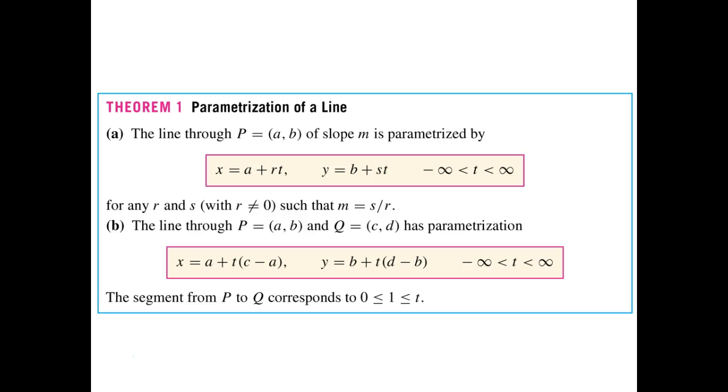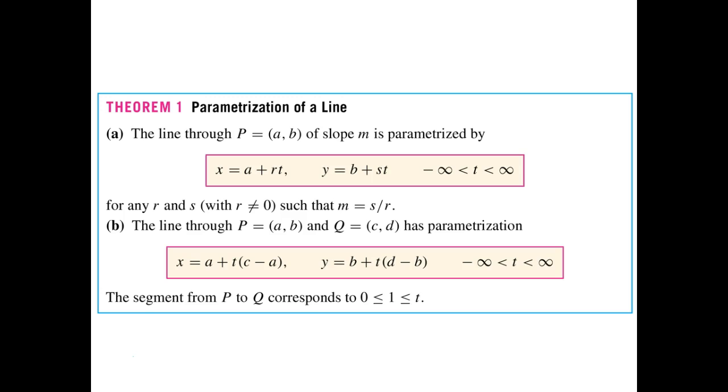Because you just say positive 1/2, right? Now, that's how you parameterize a line through some point (a, b) with slope m. If you know that slope, then you introduce two parameters, one for x and one for y, such that the ratio of y to x is your slope m. Delta y over delta x, that's your slope.